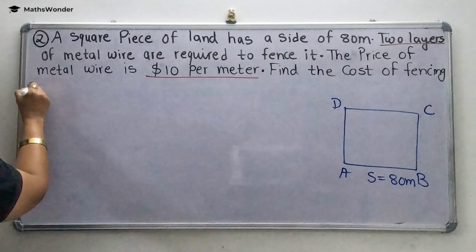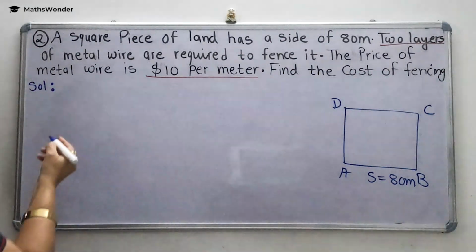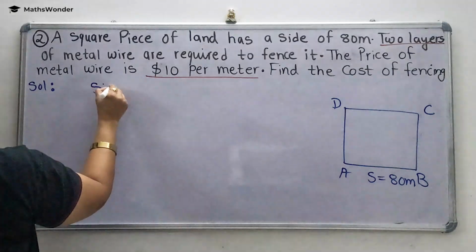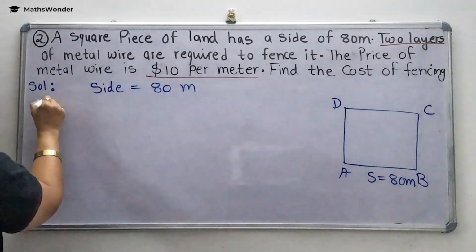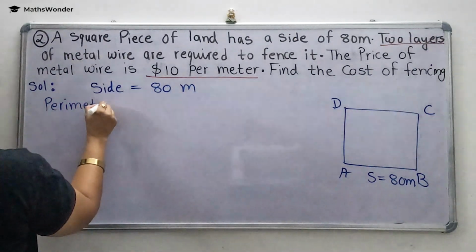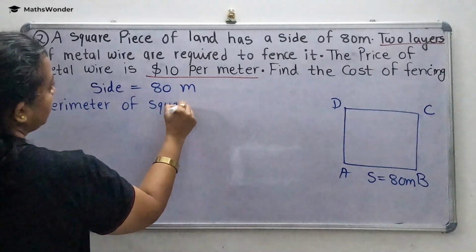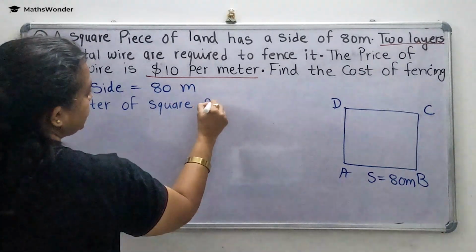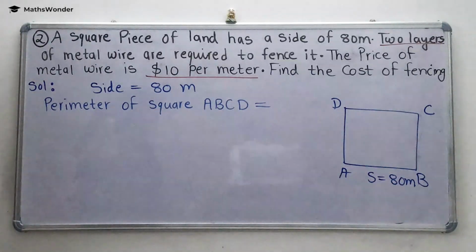First solution. I'm starting the solution. Side is given, which is 80 meter. Now the perimeter of square ABCD: what is the perimeter of a square? 4 times side, right?